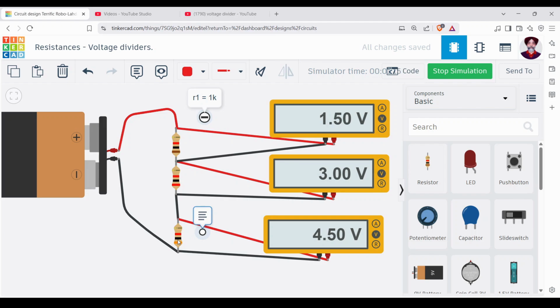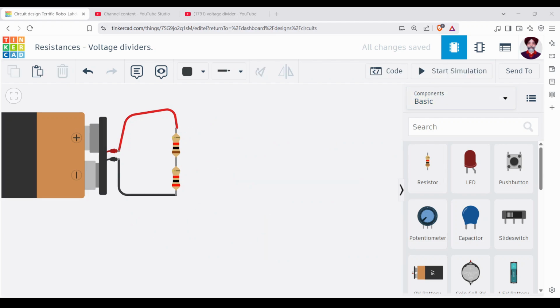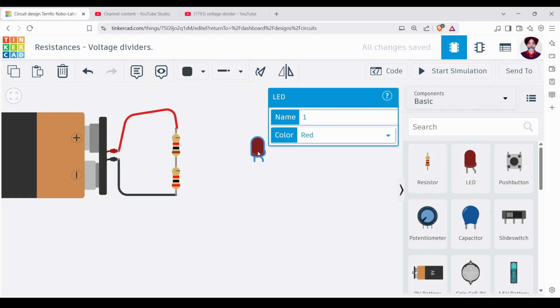So we'll figure it out. Let us take a small example to figure out how this voltage divider could be used. What I've done is I've connected two resistances in series, and I want to connect a resistance or an LED in such a way that it does not get the full voltage.